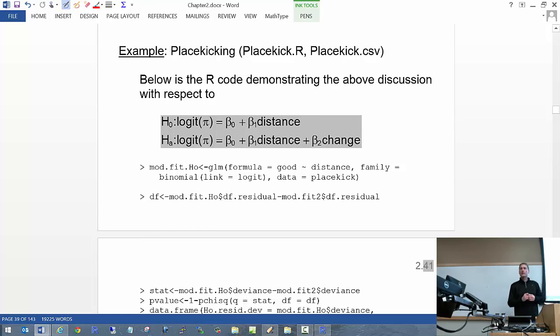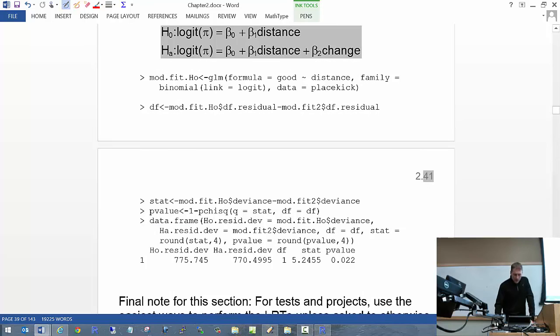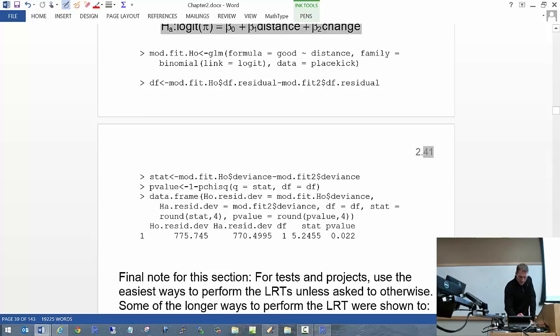In other words, I'm interested in change itself. And if you remember, mod.fit2 contains the results from that alternative hypothesis model. If I now estimate my null hypothesis model and put that in mod.fit.ho, what I can do is as follows.